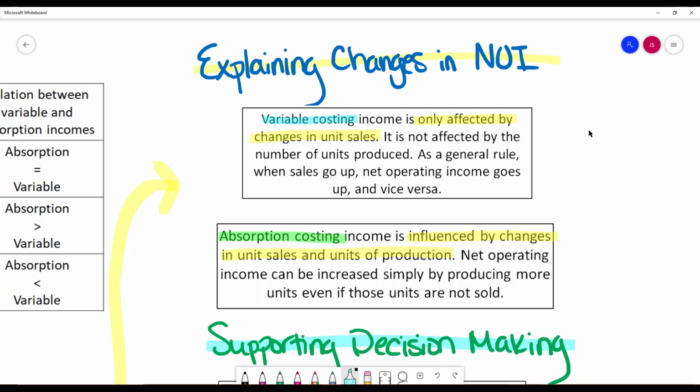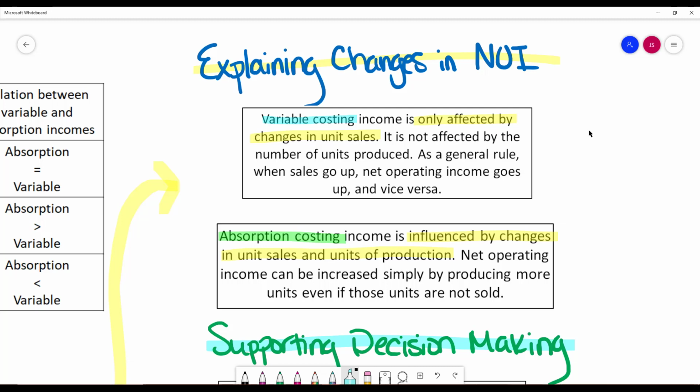Absorption costing, on the other hand, is influenced by changes in unit sales and units of production. When sales change and the level of production changes, absorption costing is affected, because remember, you use the number of units produced to assign fixed overhead to your units. So under absorption costing, you can increase your net operating income by just making one more unit, even if you don't sell it.